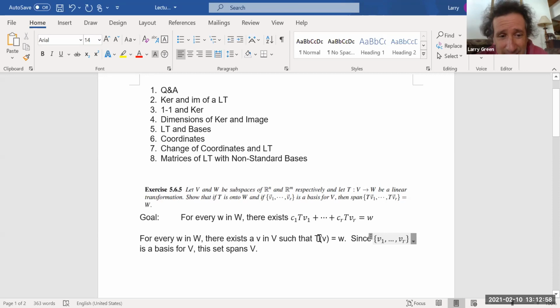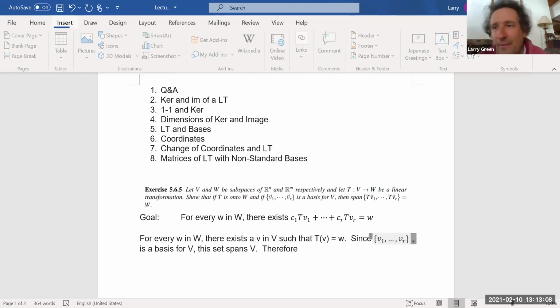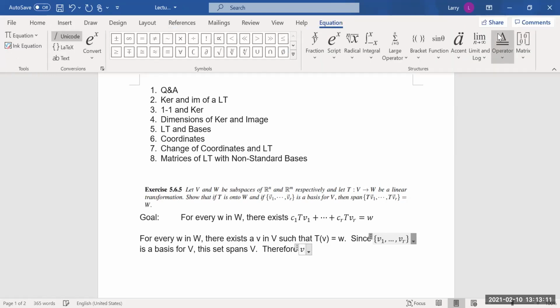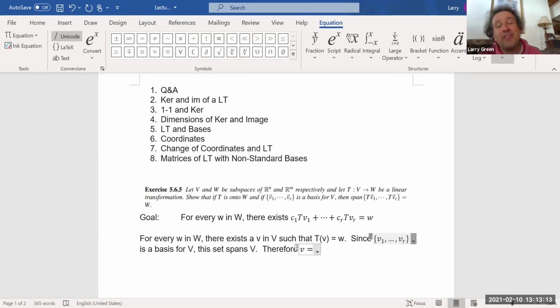So I know that T of V equals W, right? But I can rewrite V as a linear combination, so let's write it out.